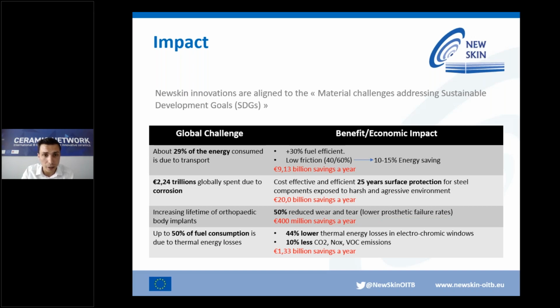Concerning corrosion, approximately 2.24 trillion euros are spent due to corrosion, sorry. And if we manage to improve the lifetime of some components by reaching 25 years of surface protection, for example for the steel industry, we will be able to save, for example, 20 billion euros per year.